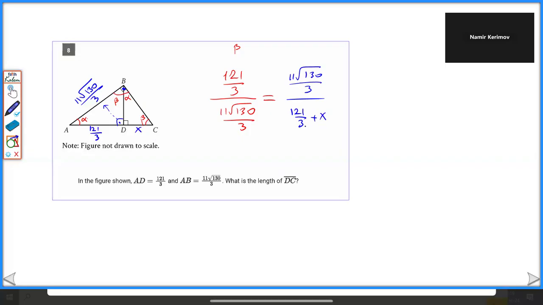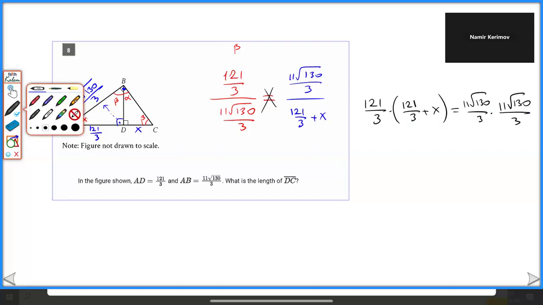So as you see, we have an equality. By using cross multiplication, we get 121 over 3 times (121 over 3 plus x) equals 11 root 130 over 3 times 11.